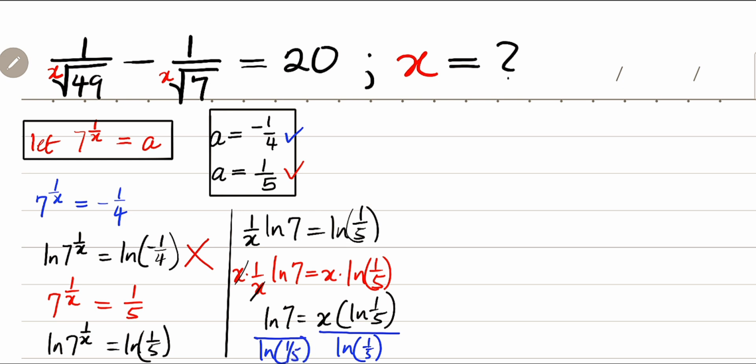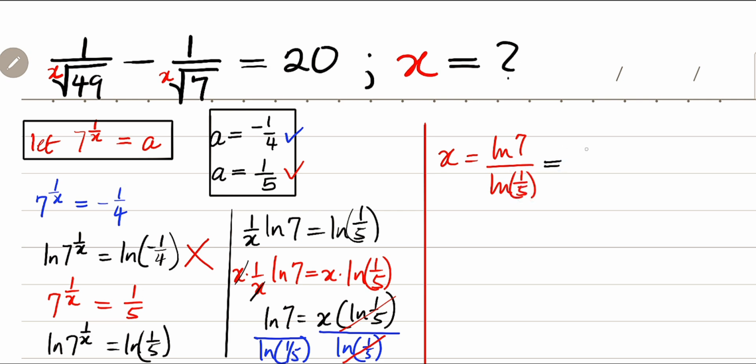So this clears this, and our x then becomes ln 7 over ln of 1 over 5, which can also be written as ln 7 over negative ln 5, which gives us negative ln 7 over ln 5.